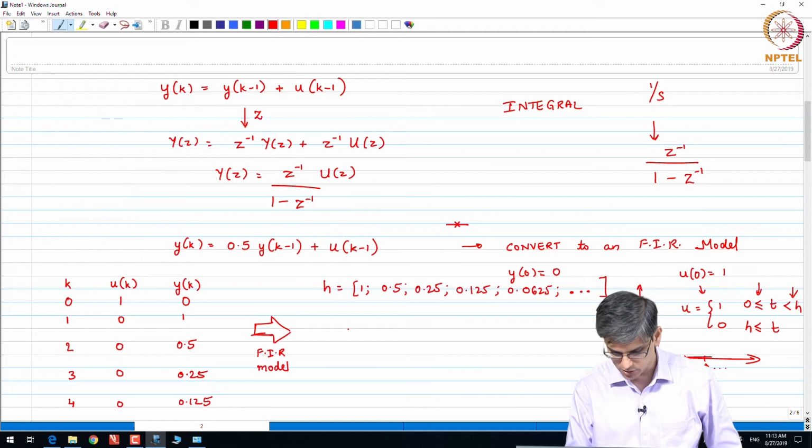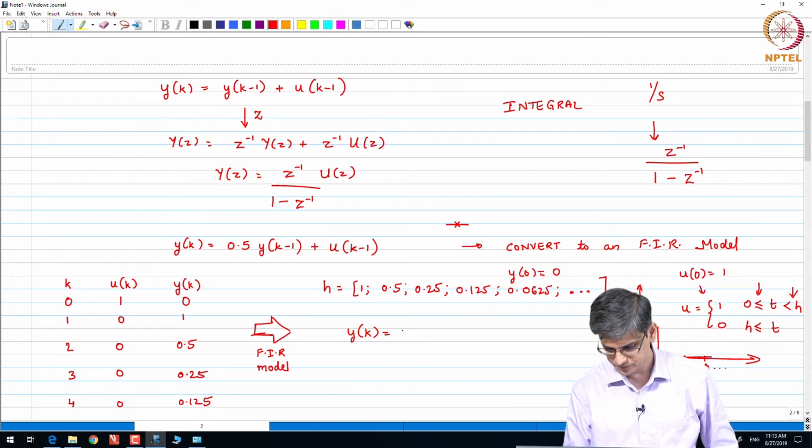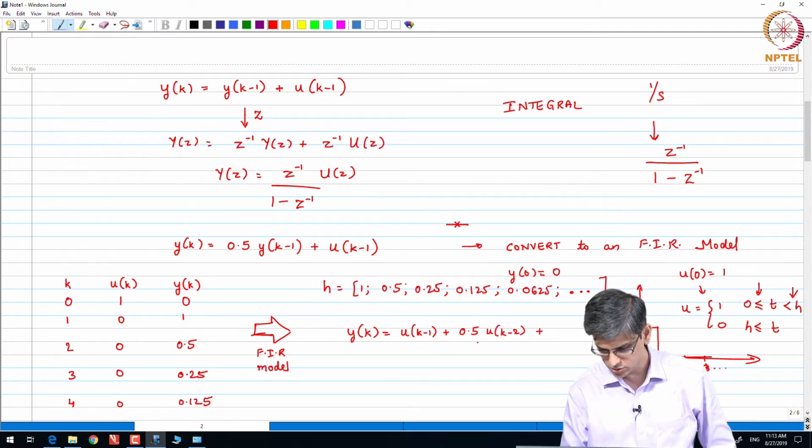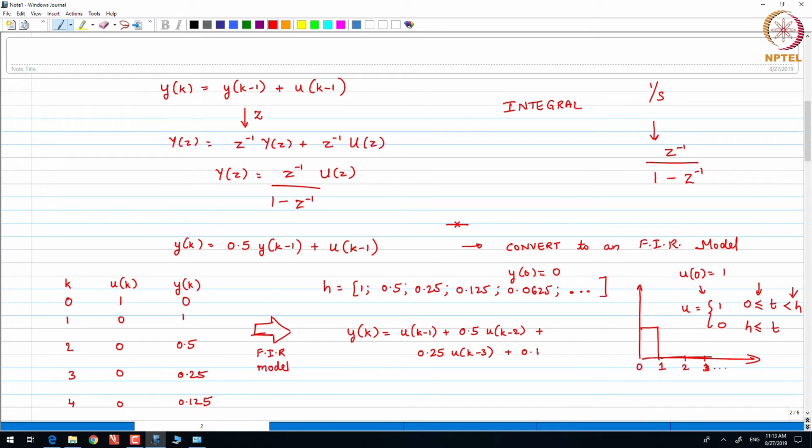So, your impulse response model is nothing but y k equal to u k minus 1 plus 0.5 u k minus 2 plus 0.25 u k minus 3 plus 0.125 u k minus 4, and so on and so forth. This is your FIR model.